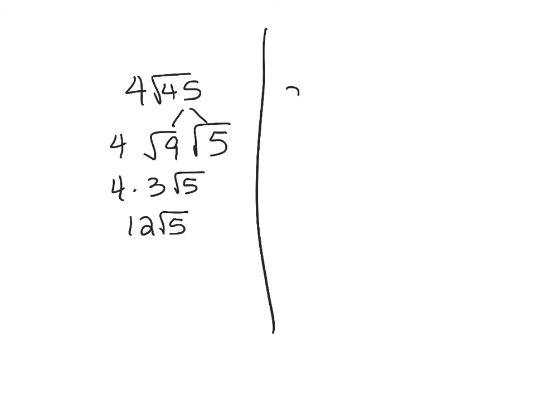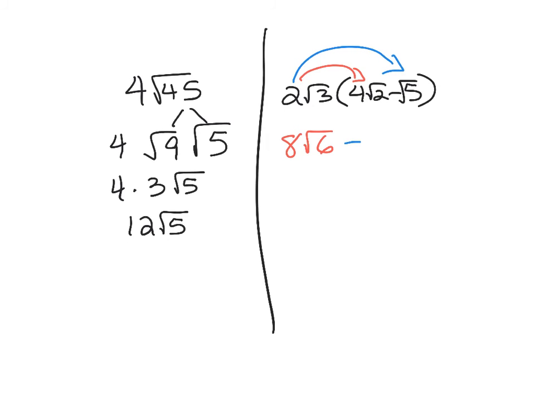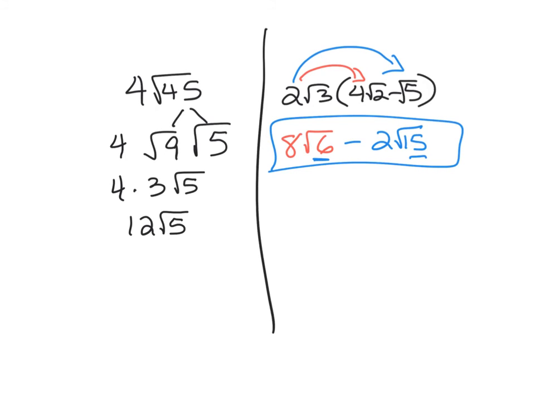The other one, 2 square root 3 multiplied to 4 square root 2 minus the square root of 5. Again, on this one, I'm going to distribute here to here first, and then here to here, and then I get 2 square root 15, and I'm done. These are not like radicals, so that's your final answer.